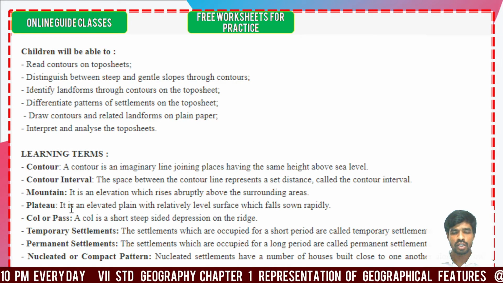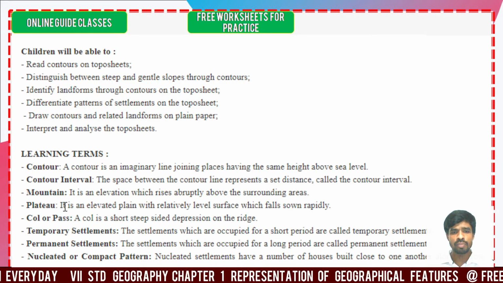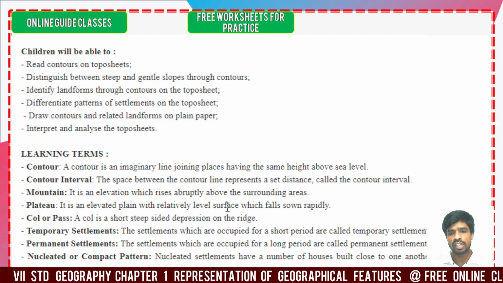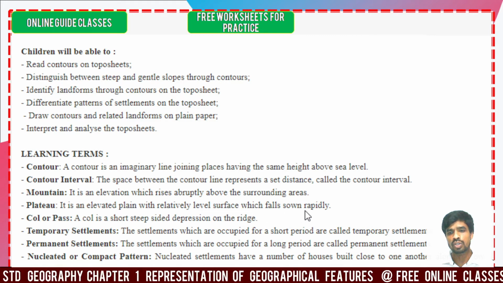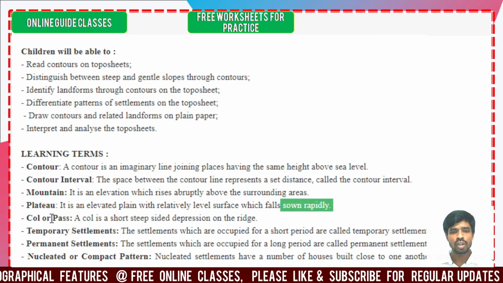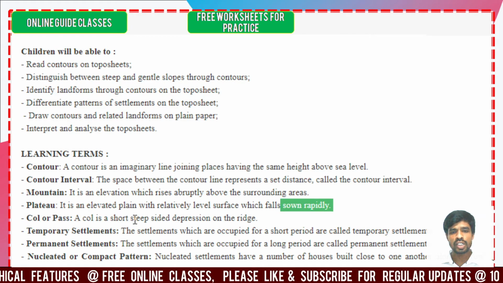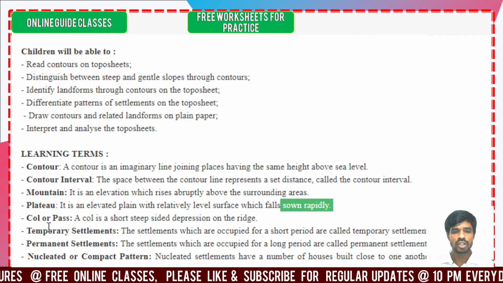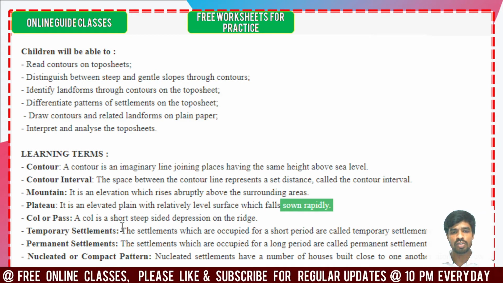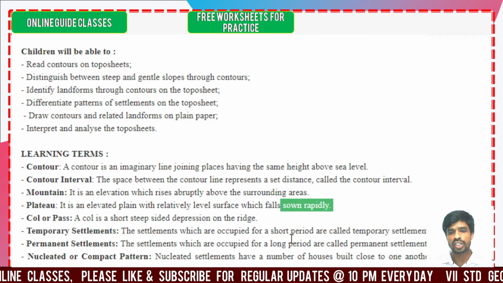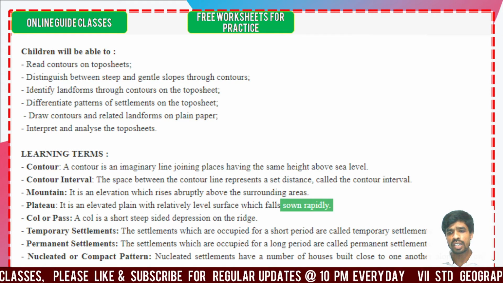Plateau. What is the definition of a plateau? It is an elevated plain with a relatively level surface which falls rapidly. The next point, col or pass. A col is a short, steep-sided depression on the ridge. Temporary settlements. What are temporary settlements? The settlements which are occupied for a short period are called temporary settlements.